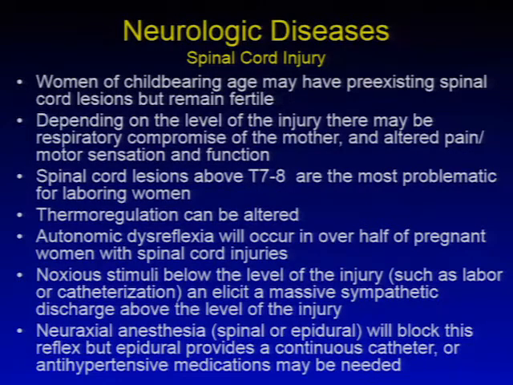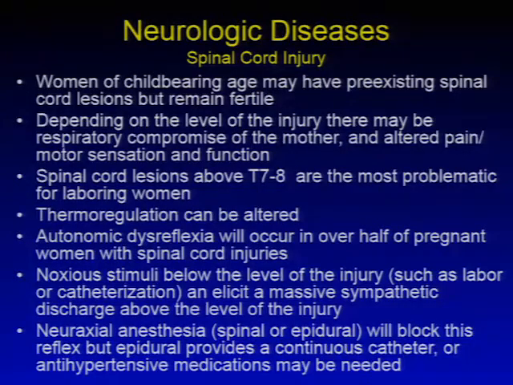Autonomic dysreflexia can be elicited by noxious stimuli below the level of the injury, such as labor or catheterization, and elicit a massive sympathetic discharge above the level of the injury.